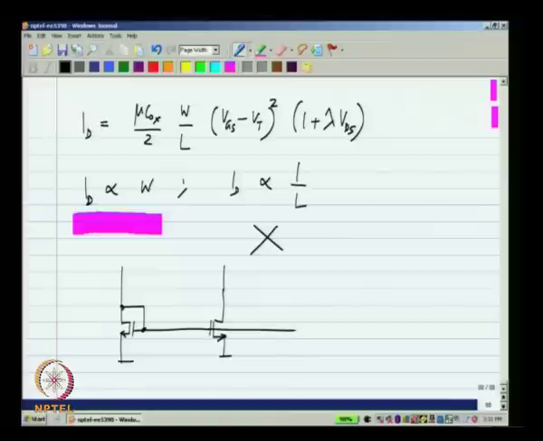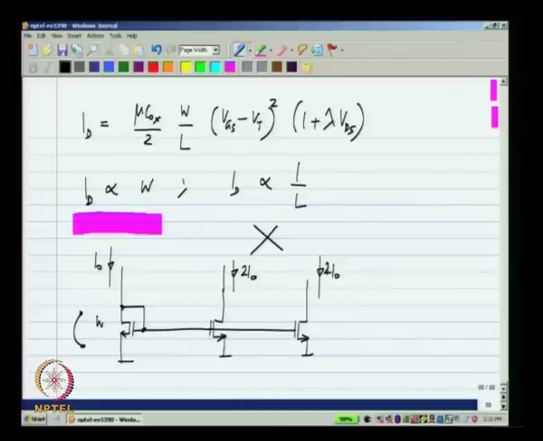Okay. Let me take 2 cases where first of all I have a diode connected transistor here. We will deal with these circuits in detail later. I just want to illustrate a point here. So, let us say I inject a current I naught. Now, let us say I want 2 I naught and 2 I naught here. Okay.